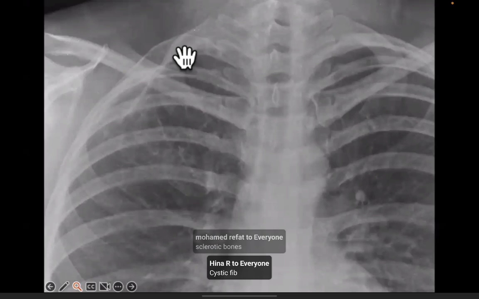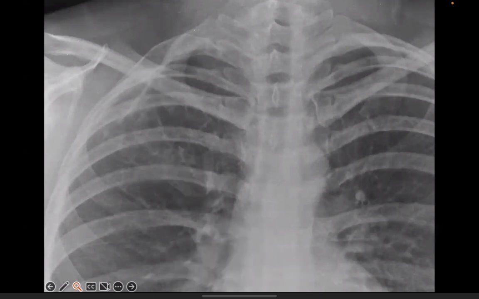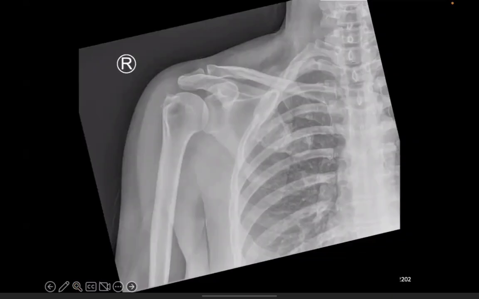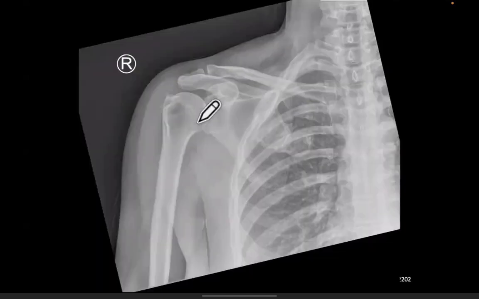But look at the first rib, look at the third rib, and you can see that there's an expansion of that second rib anteriorly. If you do an oblique view, you can see that this is fibrous dysplasia of the second rib.